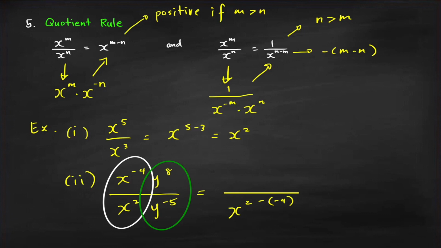If we look at the second quotient, y raised to 8 over y raised to negative 5, the power of y in the numerator is larger than the power of y in the denominator. So it's better to use this first equation, and we'll get here y raised to 8 minus negative 5. And doing the arithmetic in the powers, we'll get y raised to 13 over x raised to 6, which is already in simplified form.